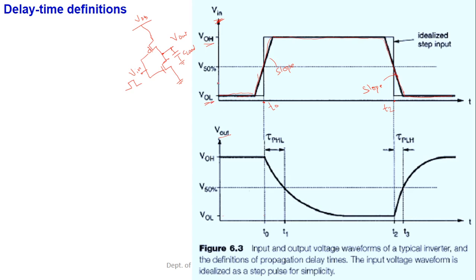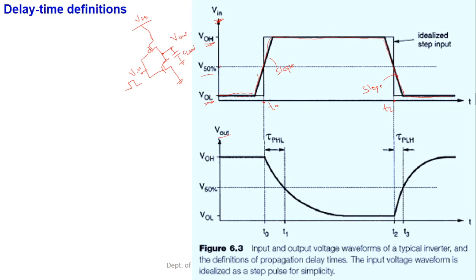VOL is the minimum level, VOH is the highest level, right? And we can define a V50% level, that is the midpoint between VOL and VOH. So this 50% is the mid value between VOL and VOH.